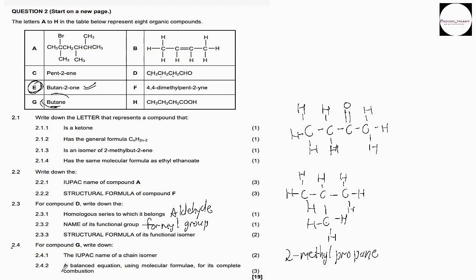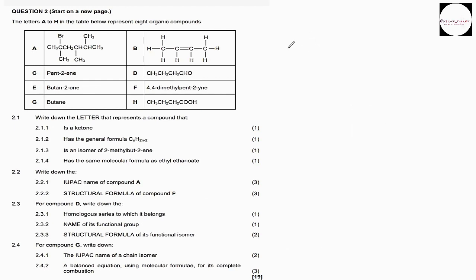Now 2.4.2 says write a balanced equation using molecular formulae for its complete combustion. So once again, we can see that this question is very common. Every time we are facing combustion, the general formula is that you should always have an alkane reacting with O2 to give you CO2 plus H2O, right?